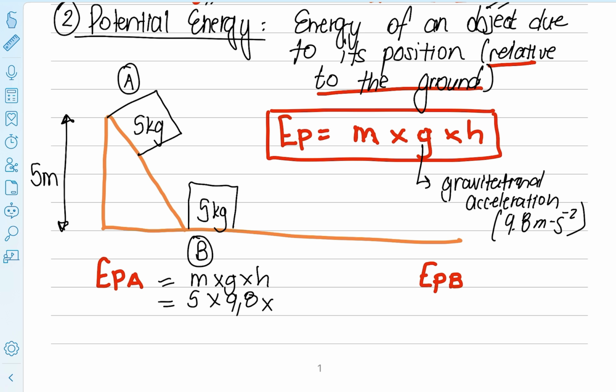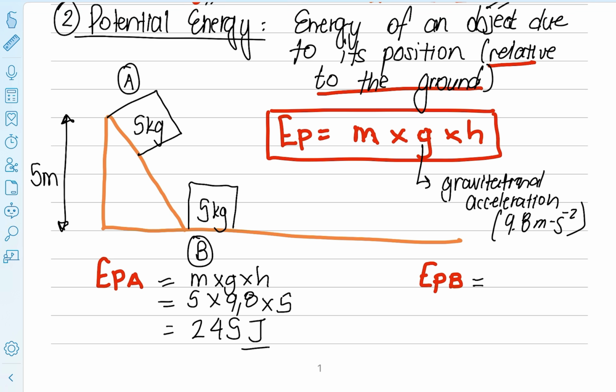Multiplied by the height of the object relative to the ground. The height of the object relative to the ground here is 5 meters. So if you now had to calculate the potential energy of the object, it's 5 times 9.8 times 5, and you get 245 joules. Emphasis again on joules because it's energy.